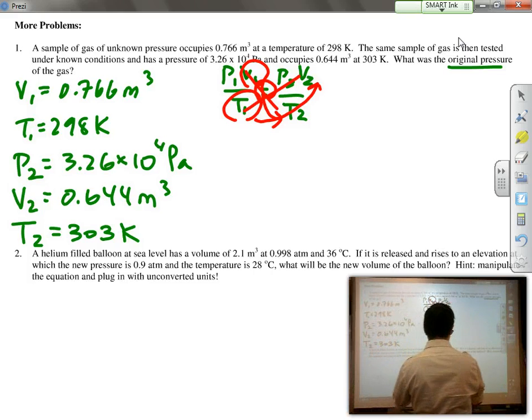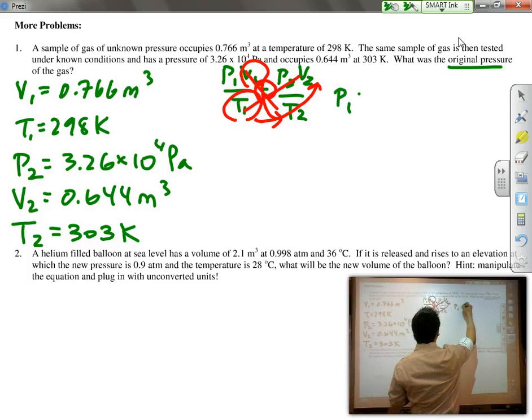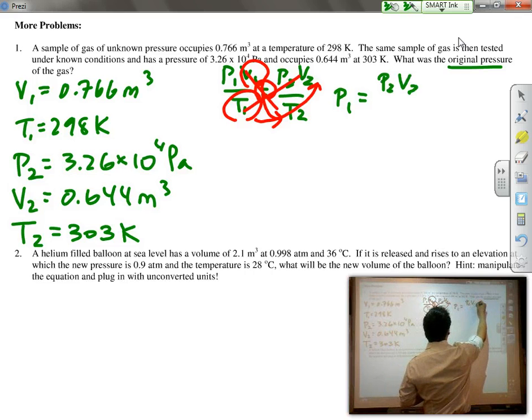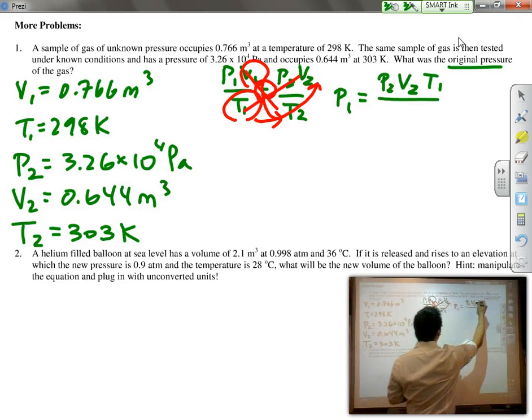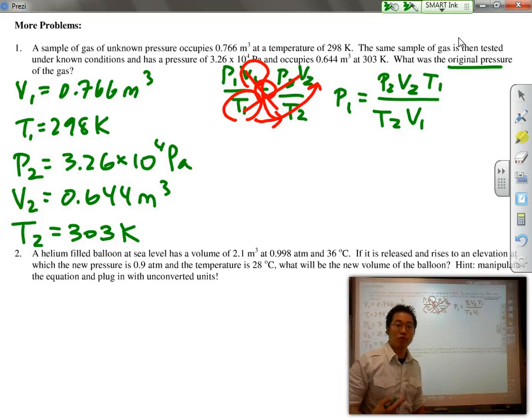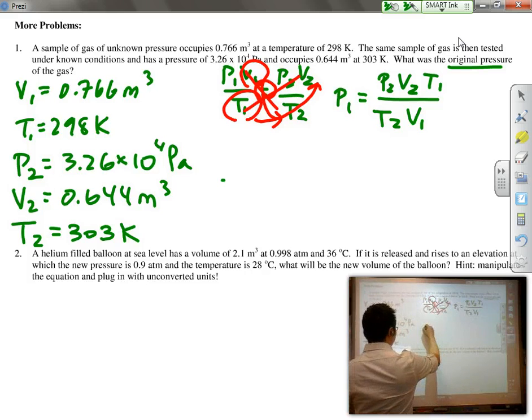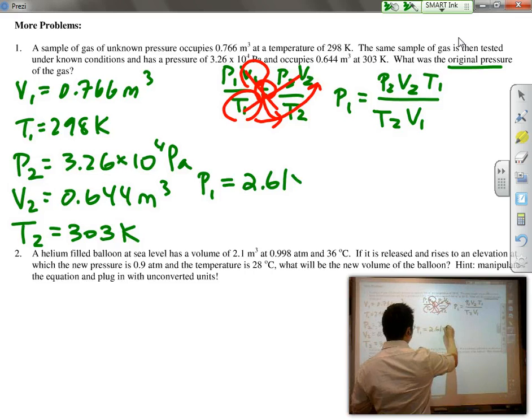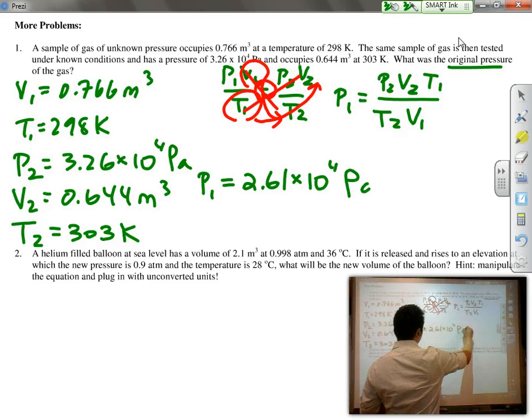So we end up with a manipulated formula that looks like P1 equals P2V2T1 over T2V1. And I know it's going to be a little bit messy plugging in all those numbers, but once you plug those numbers in and all the units cancel out, we get P1 equal to 2.61 times 10 to the 4th pascals.